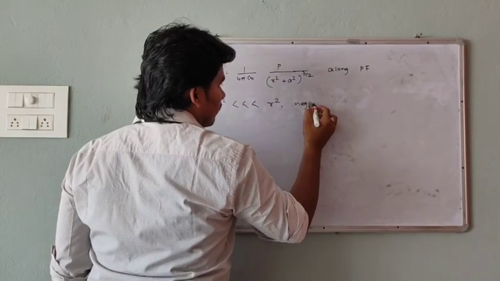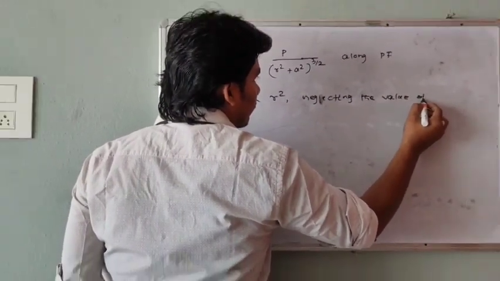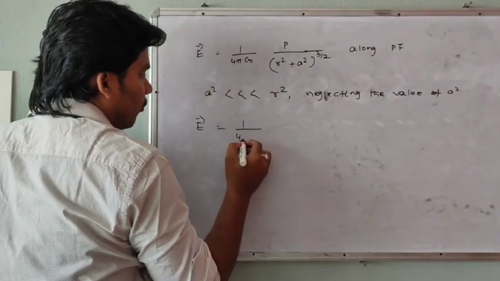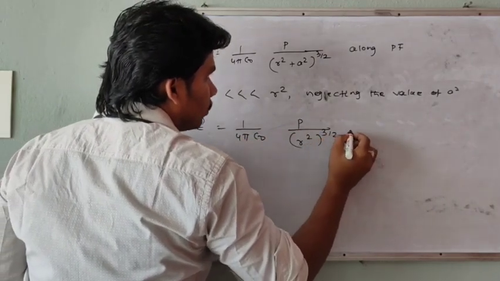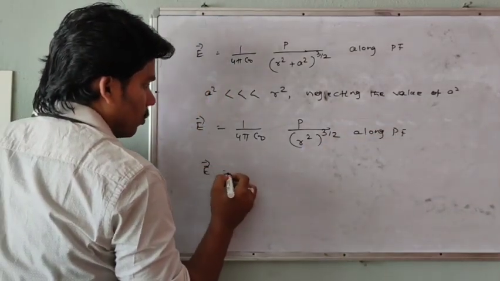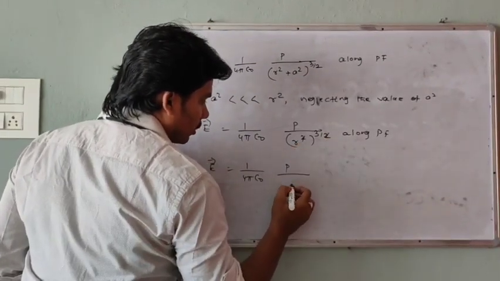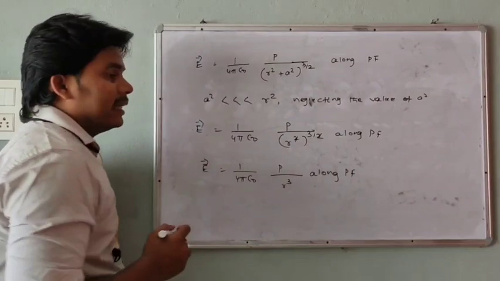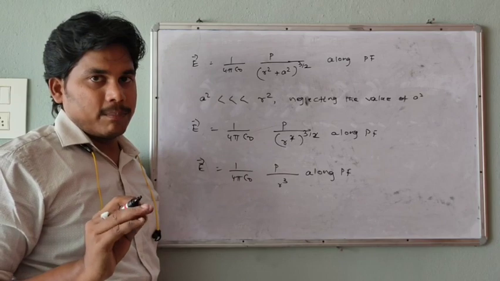Then E vector is equal to 1 by 4 pi epsilon naught P by (r square) power 3 by 2 along PF. This will be E vector equal to 1 by 4 pi epsilon naught P by r cube along PF. This is the electric field for the equatorial line of the dipole.